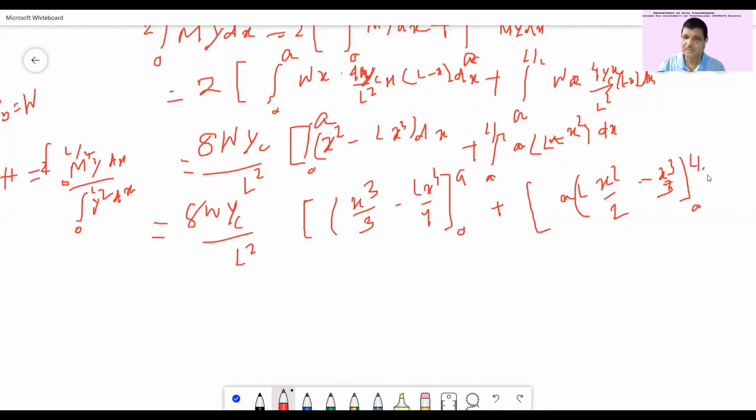This total is multiplied by 8. If you put in the values and expand, we can find the equation for this M dx. Similarly, you can find the equation for y square. I'm not going into detail of all these values, and if you do all these things, you'll find this value comes out to be one.